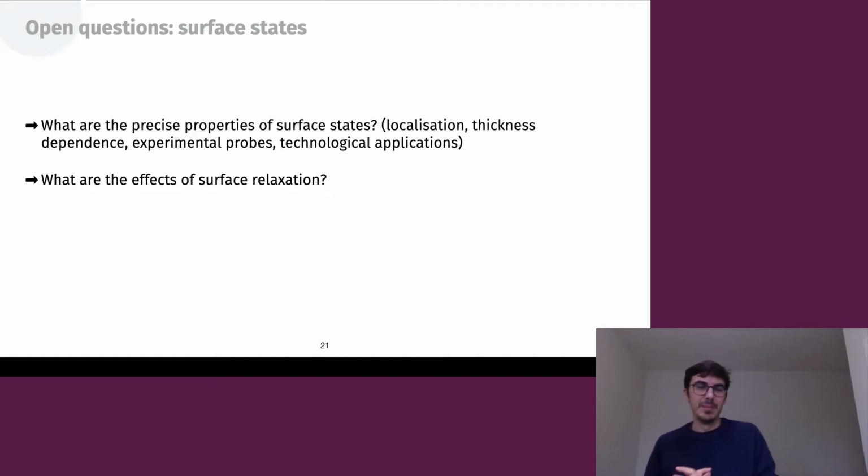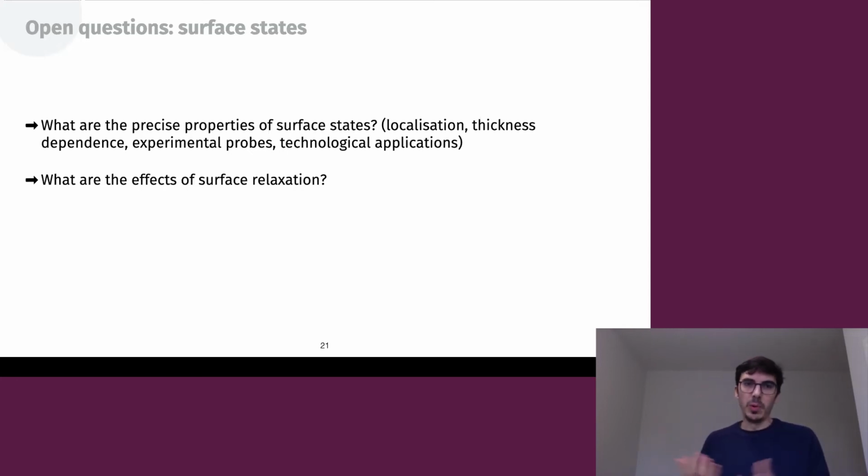And the plots I've been showing about surface states are actually calculated in a very simple fashion. So we've just taken the bulk topology, then created a surface brute force and generated those surface states using Green's functions methods. But we haven't actually looked at them directly or properly, and that's really one of the open questions that one should look at.